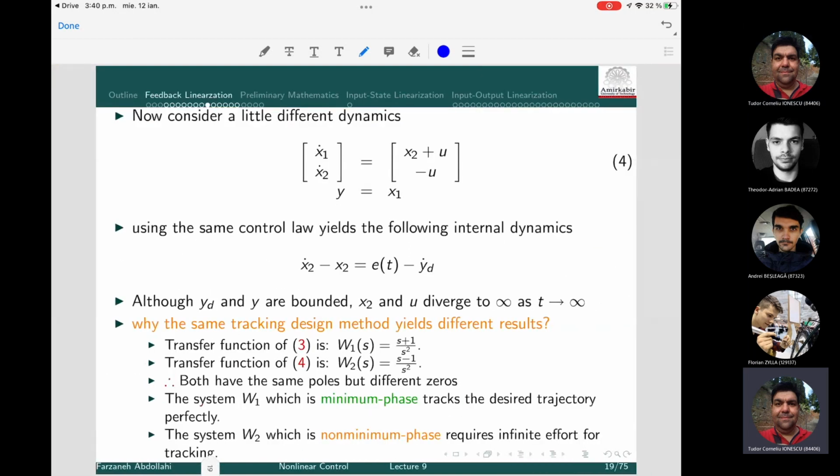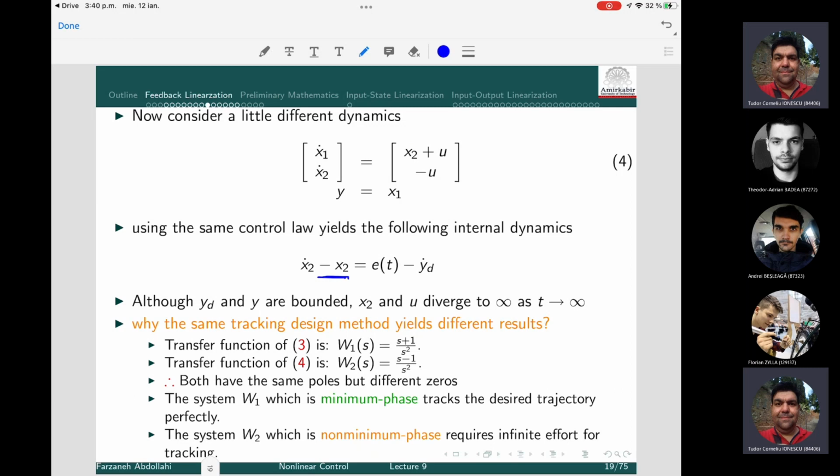Now let's take a different dynamics. Let's change the sign in the second equation. We use the same design, and then this is the internal dynamics, but it is not stable any longer because of this minus. They are asking why the same tracking design method is yielding different results.